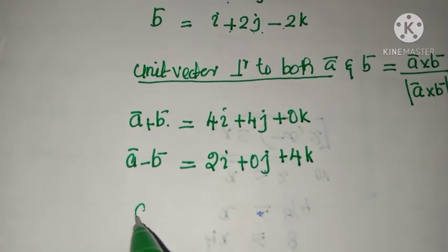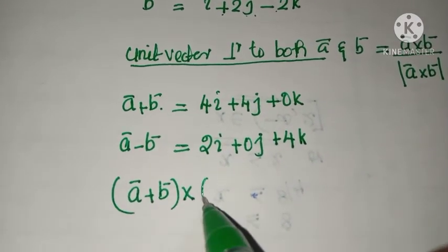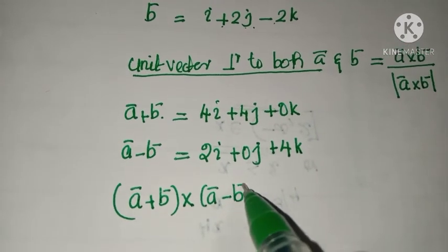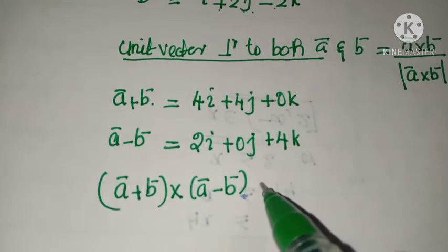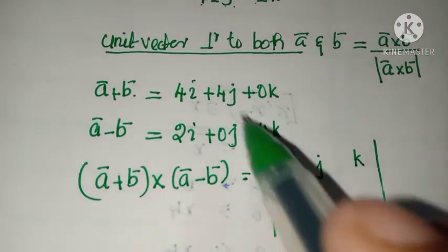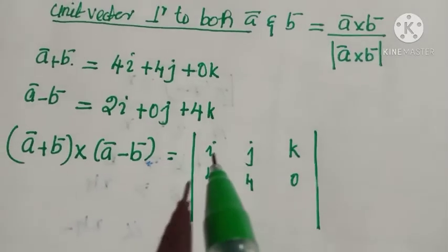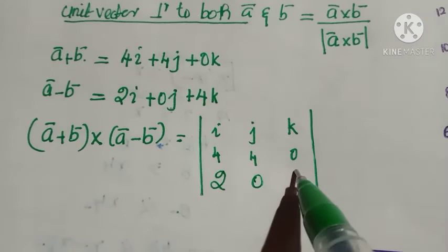Now find their cross product, A plus B cross A minus B. So ijk form: 4, 4, 0, 2, 0, 4.